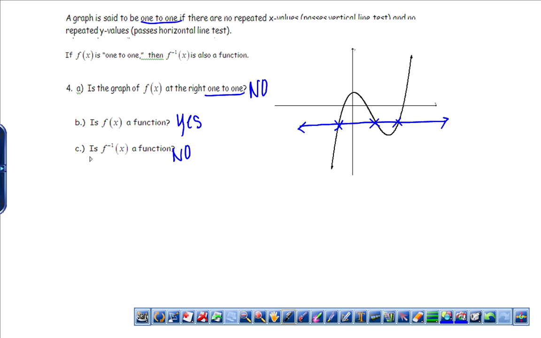Okay, so now I'm going to ask you this question. Which parent function has a 1 to 1? And this is one of them. This is y equals x cubed. So that gives you one of them. Which parent function is 1 to 1?